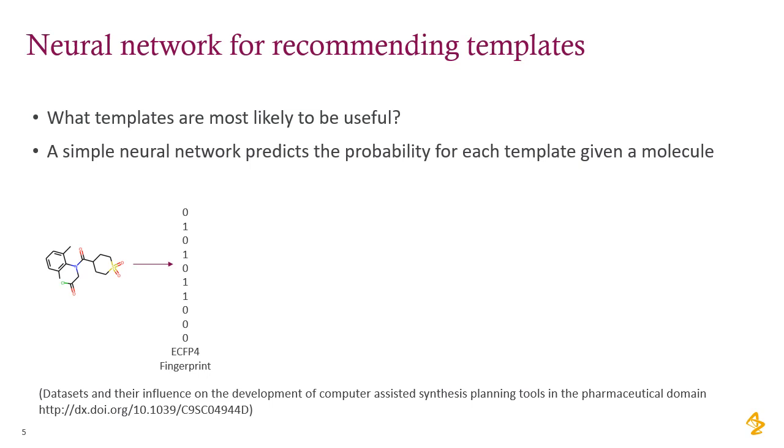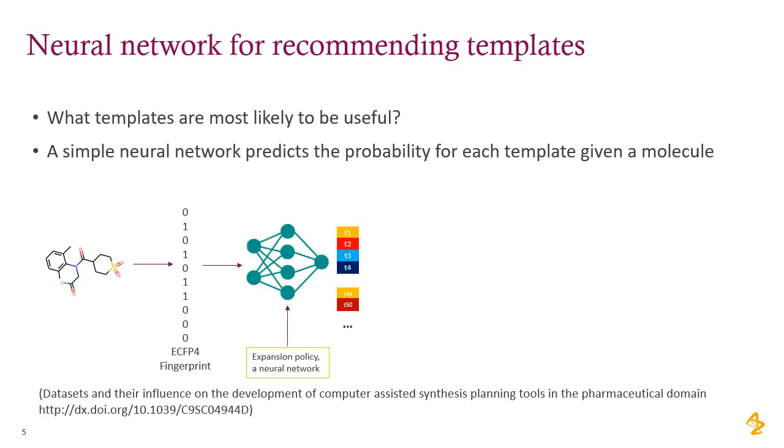So we start with a query molecule, we encode it as a bit string, a fingerprint, which we then feed to a simple neural network, which we call an expansion policy, which gives a ranked list of all the templates.